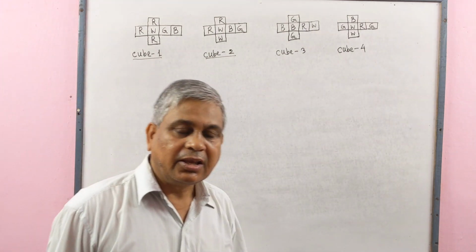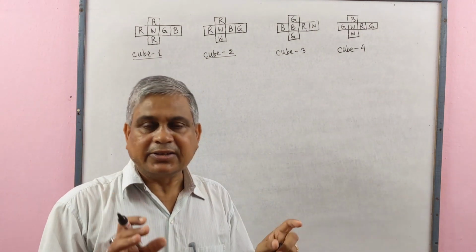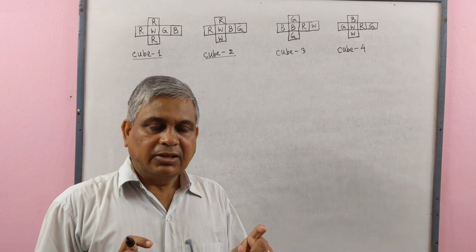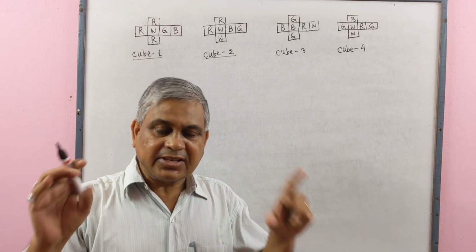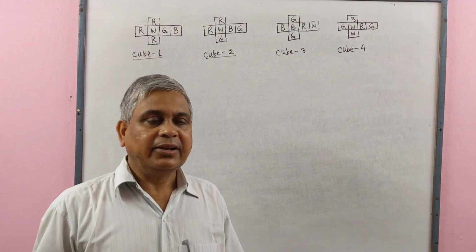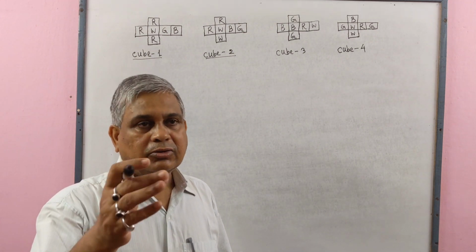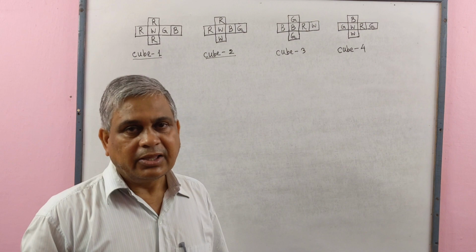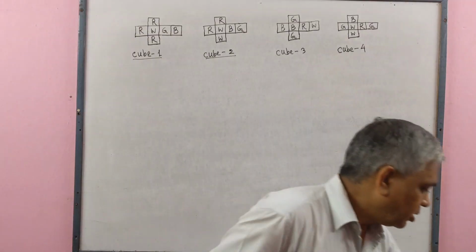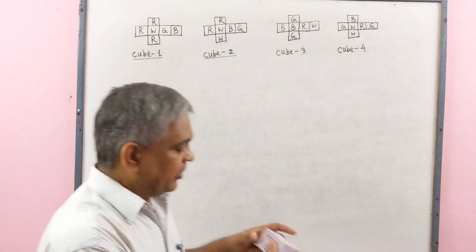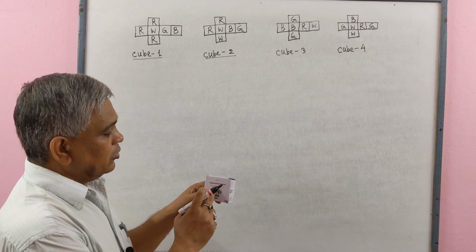We take the 4 colors as vertices, and we will draw an edge taking a face, front.